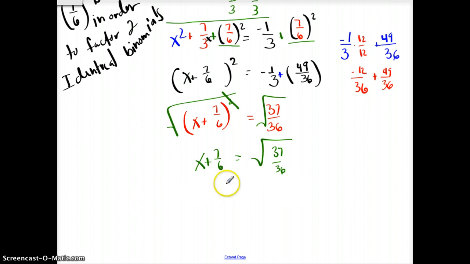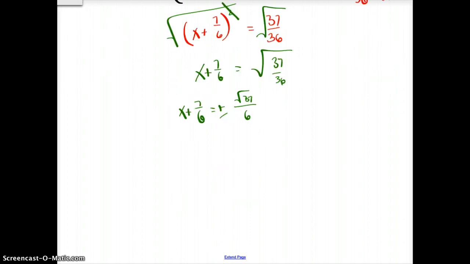So we'll just keep going. I'll square root. This should be x plus 7 over 6 is equal to the square root of 37 over 6. Now, the nice thing about this is that the bottom one was square rootable, so I'll leave it as is, and I'll have two answers.